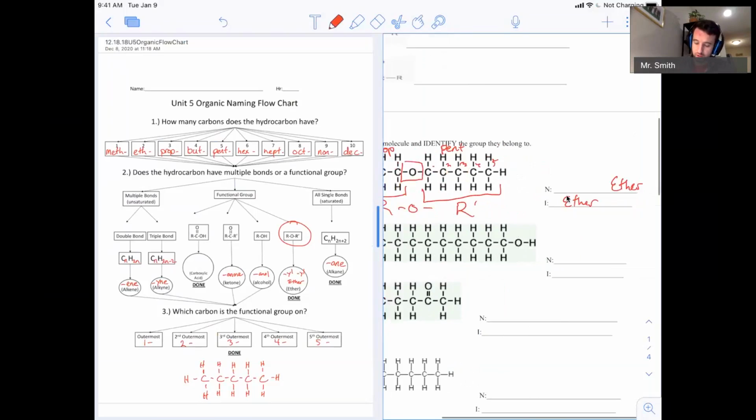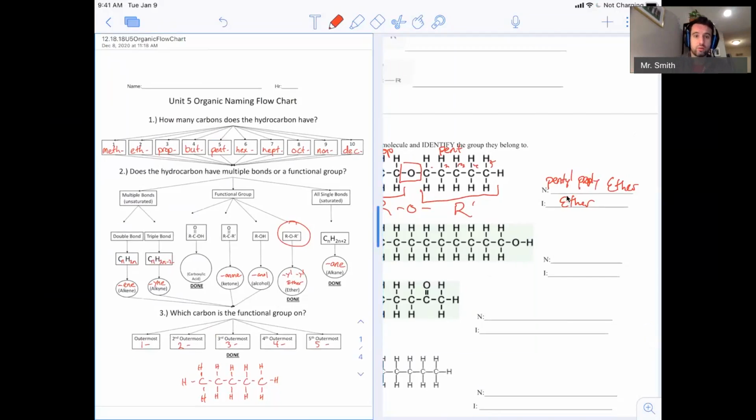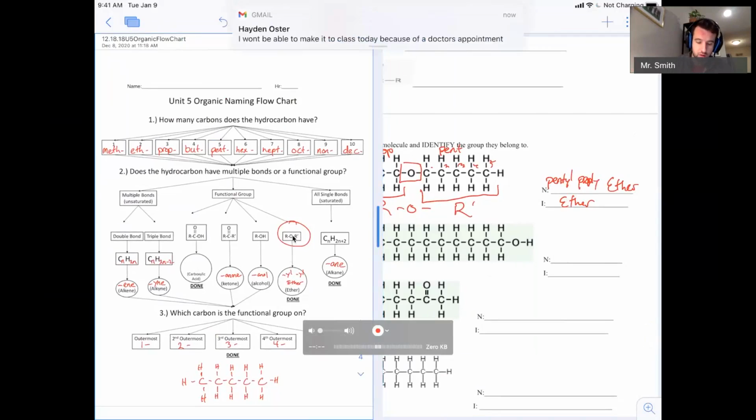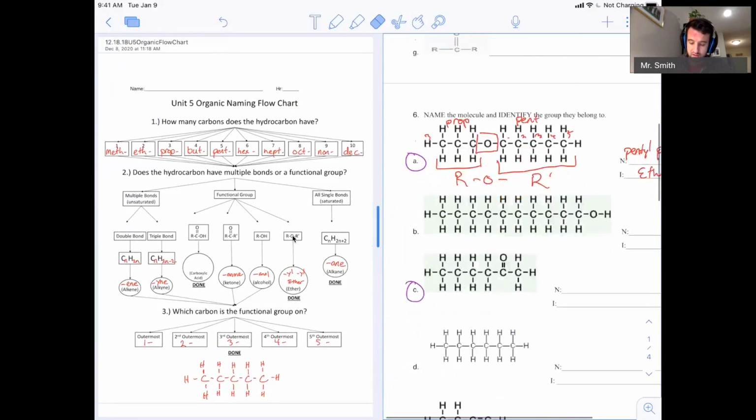But so it should be pentyl propyl ether. Hopefully you guys at this point can just know what an ether looks like without necessarily referring back to this over here. Cool.